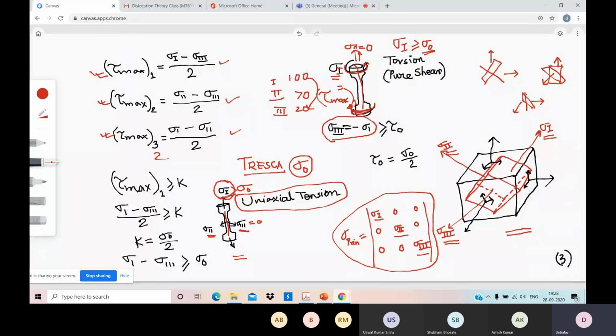So in tension you have to apply a higher principal stress to get a sufficiently high resolved shear stress which will cause yielding. So yield strength is different. Yield strength in tension is higher than the yield strength in torsion. That is even higher than the yield strength under plane strain condition, where 3 principal stress values are there and 3 positive values are there. This is a very important consideration.